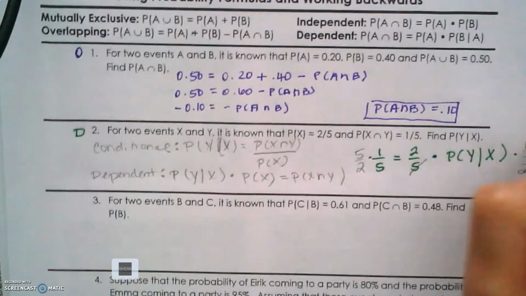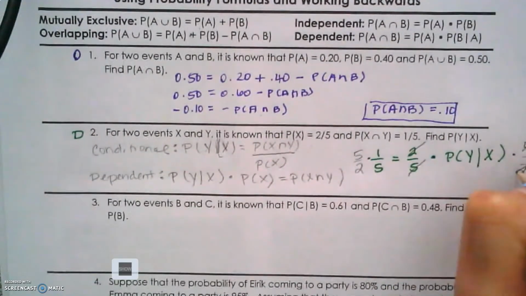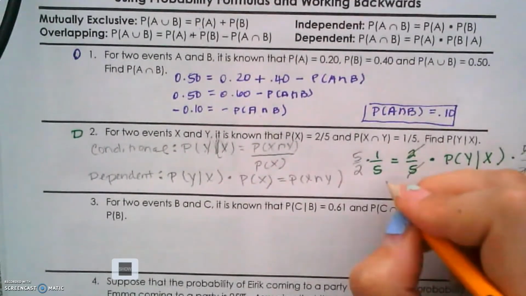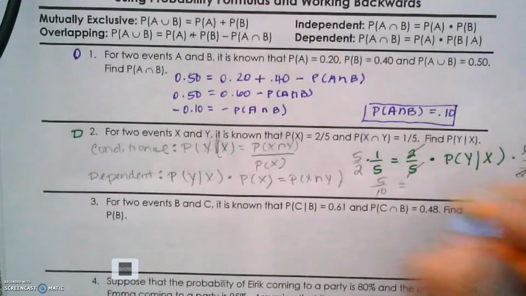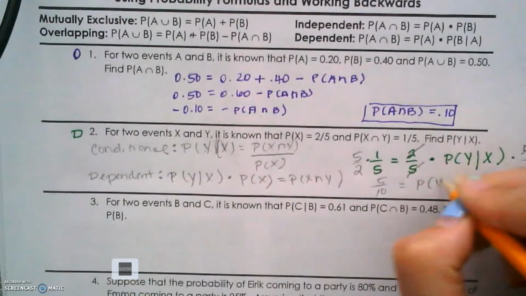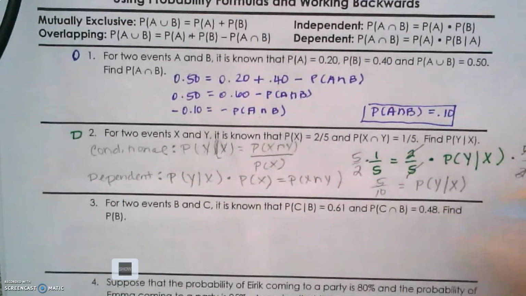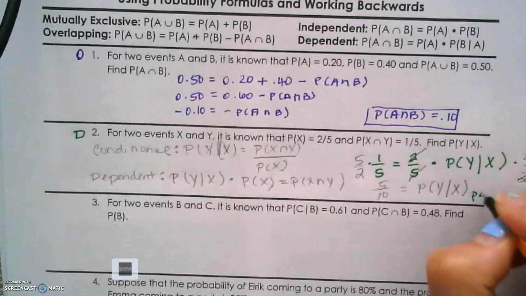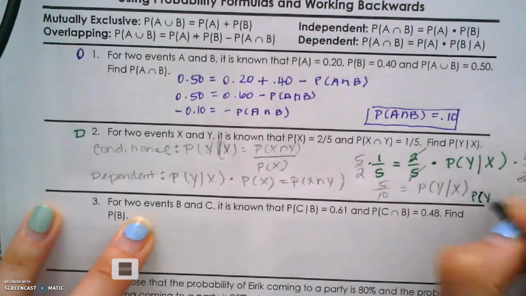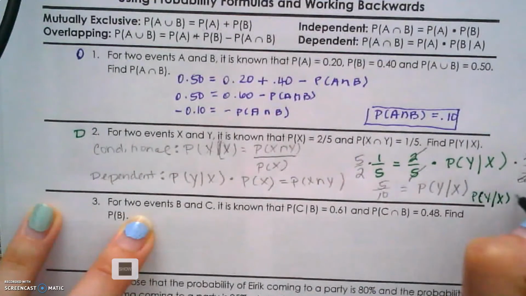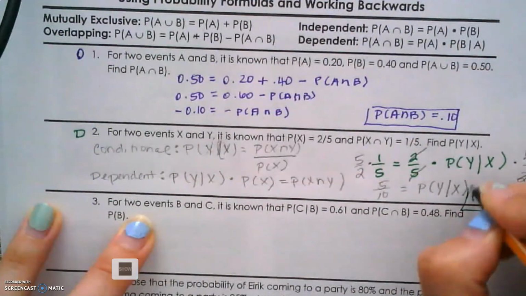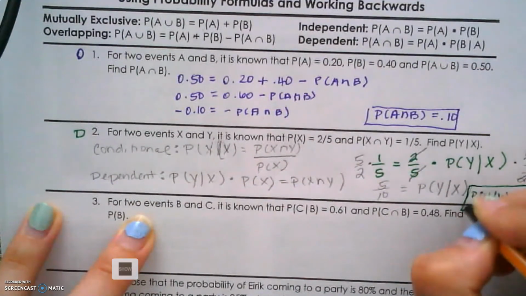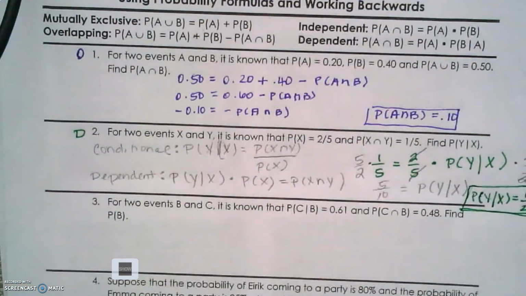So this 5 and this 5 cancel, this 2 and this 2 cancel, and I have 5/10 is equal to the probability of Y given X. So the probability of Y given X is equal to 1/2. Remember, we always simplify our probabilities the most that we can.